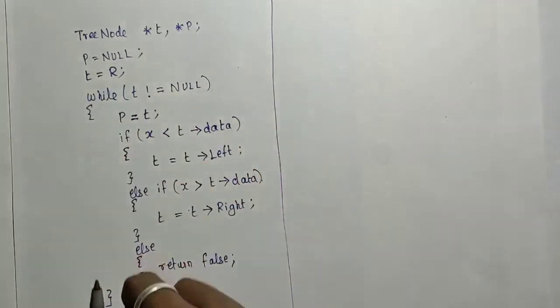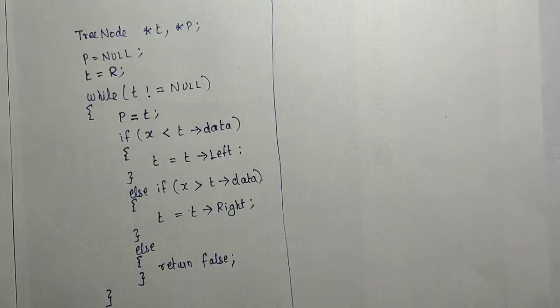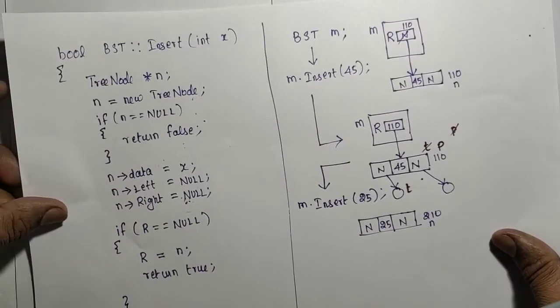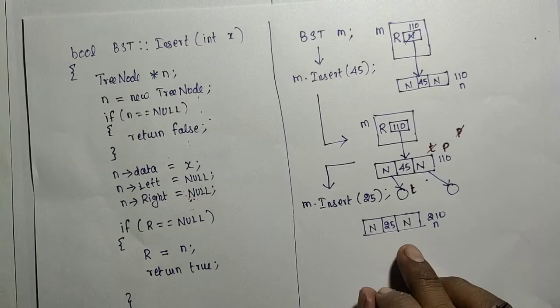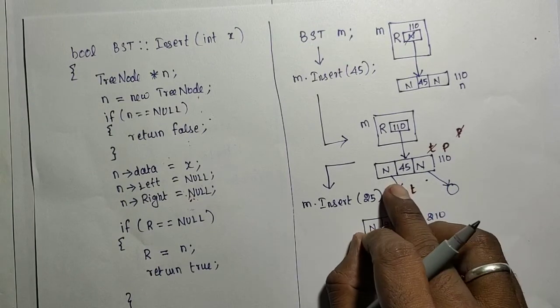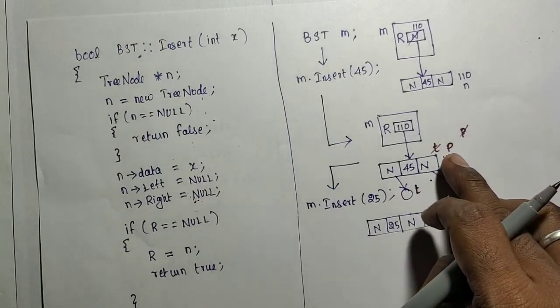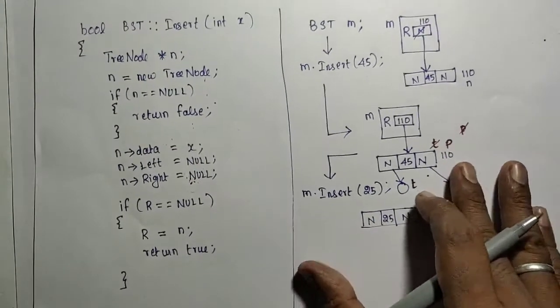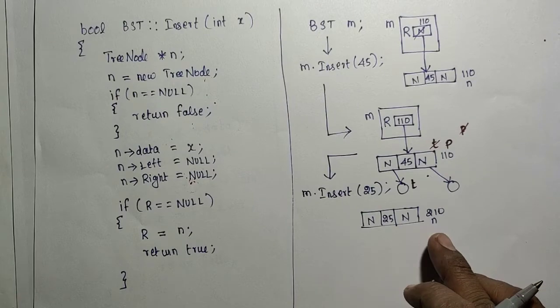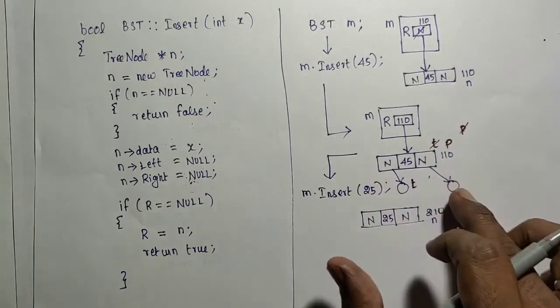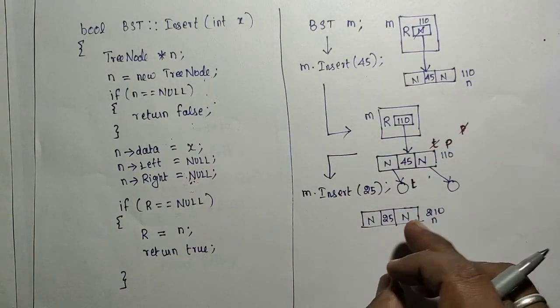So again there is a question here. At the end of the loop, I need to consider whether the new node is added as left of that p, or right of p. We got the parent as p. I wanted to link the 210, but whether to the left of p or right of p is the question. So how can we identify?